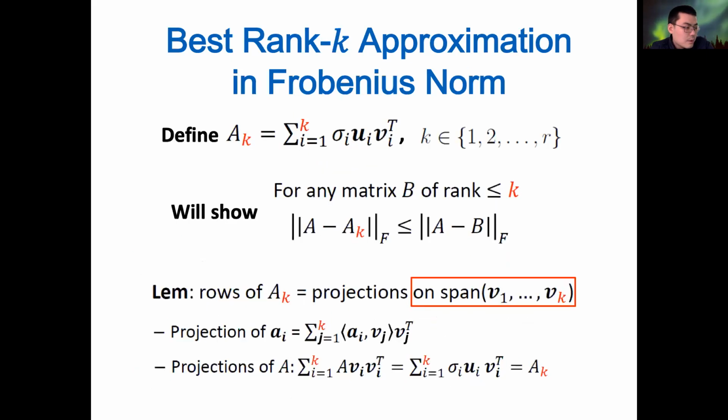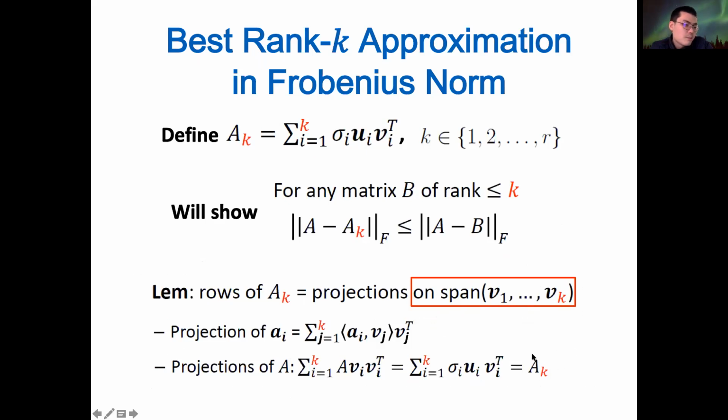Our proof here shows the projection of A to the span of V1, V2 is AK. This is because this is the best fitting K-dimensional space, if you remember. So we proved the optimality of best fitting. AK is the best fitting space, and B may not be the best fitting. If B could be the best fitting, then it's no better than A.